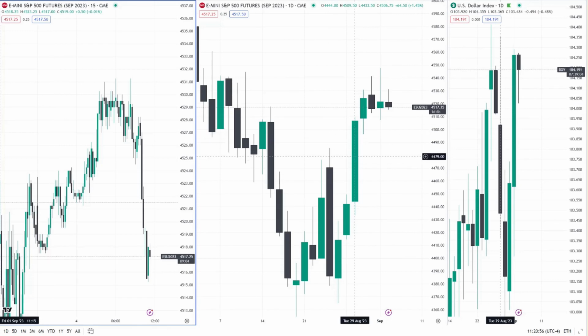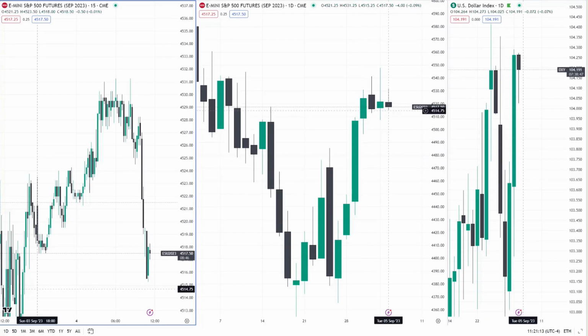So I'm looking for Tuesday, September 5th, to see if we retrace any of last Tuesday's August 29th. The sweet spot is going to be part of this repriced green bar. Otherwise, we're just straight in the calibration.